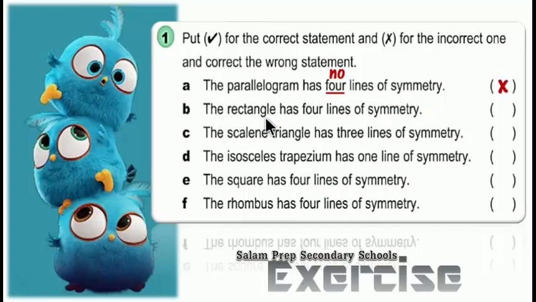The rectangle has 4 lines of symmetry. False. Correct: the rectangle has 2 lines of symmetry. The scalene triangle has 3 lines of symmetry. False. The scalene triangle has 0 lines of symmetry.